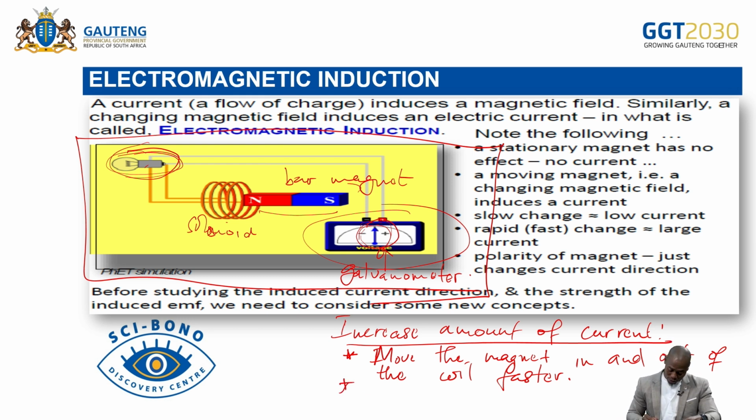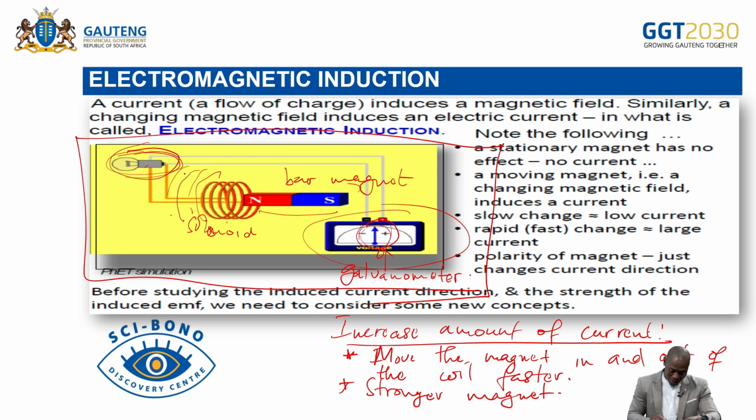Two, if you use a stronger magnet, there will obviously be an increase in the strength of the magnetic field. So if you use a stronger magnet, the amount of current induced in that coil is going to increase. If you use a solenoid, for example, you can see this is a coil of many loops, so you can increase the number of loops.